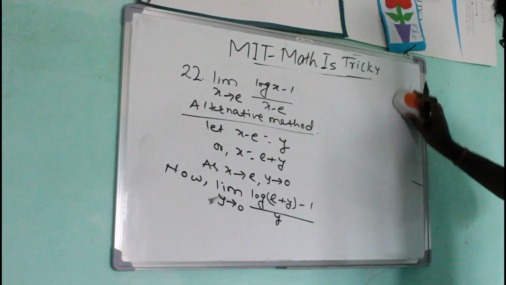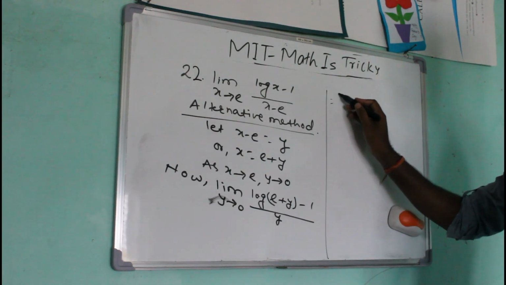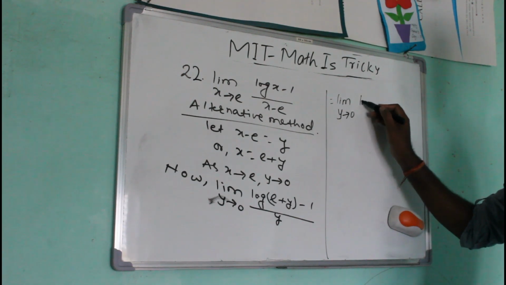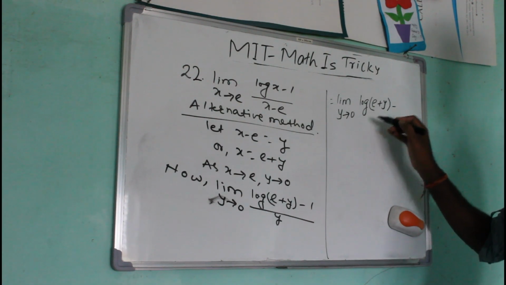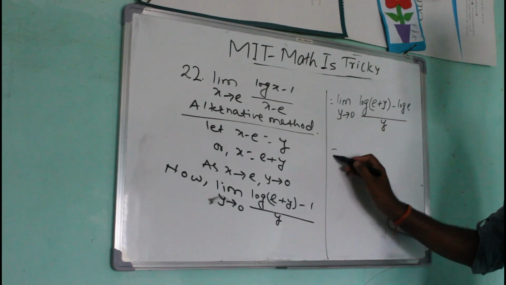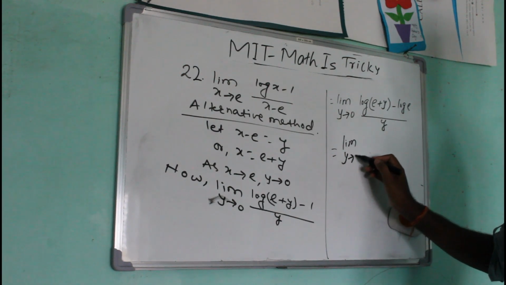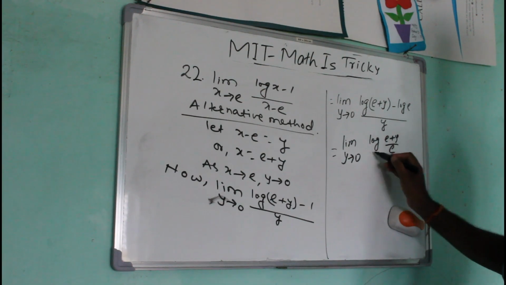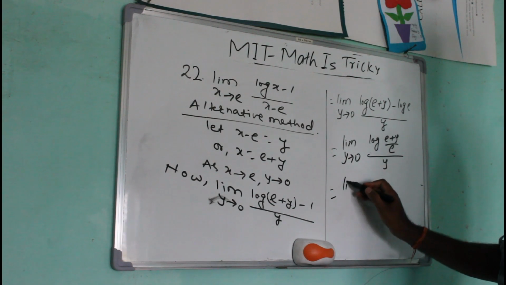If you simplify further, we are getting limit y tends to 0 of log(e plus y) minus, for 1 we can write log e, by y. So if you simplify further, we'll be getting limit y tends to 0 of log((e plus y) by e) whole divided by y.